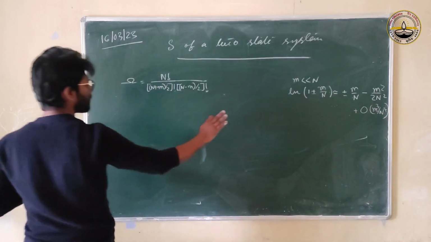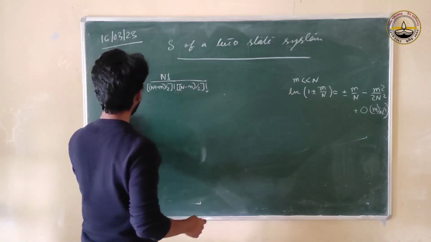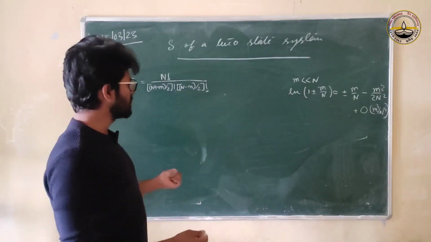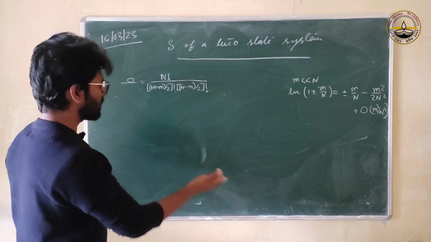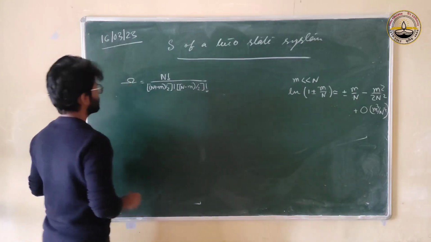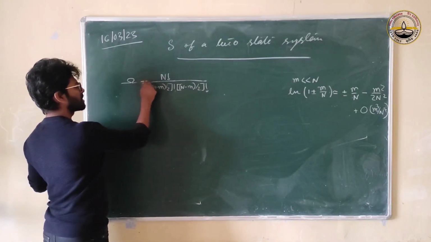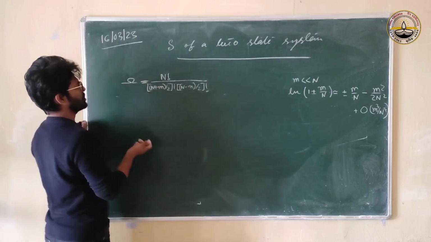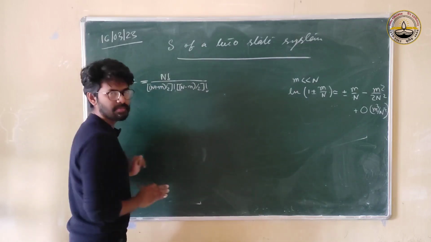That was an approximate formula. But we are going to find out the exact formula. I mean, we already knew that. And that will help us find the temperature corresponding to this system.